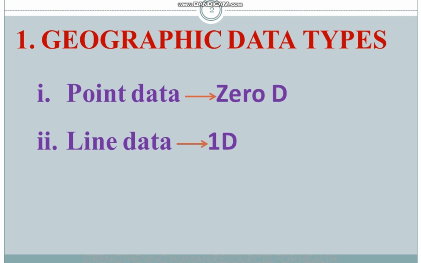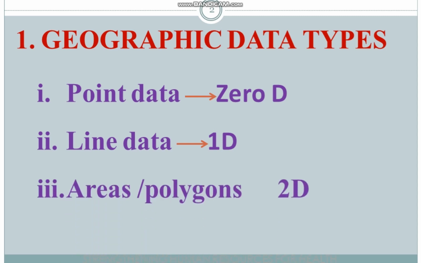This can be put as a string of coordinates that are joined together in order, usually with straight lines. So a collection of points can give us line data. You have to identify what types of features can be categorized under line data.